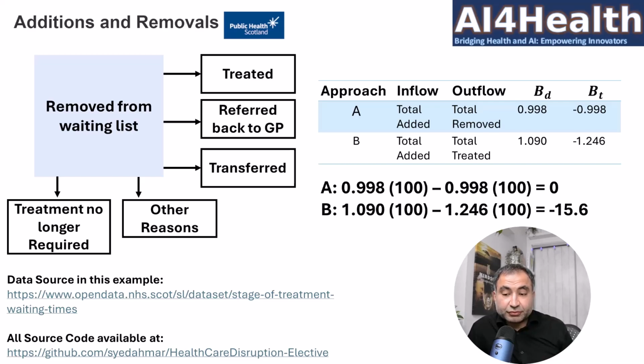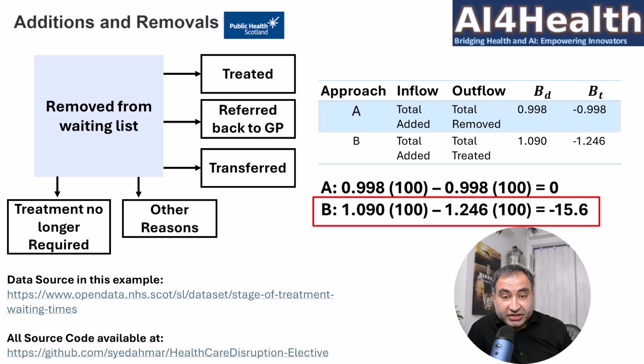That is 1.09 multiplied by 100 minus 1.246 multiplied by 100, which gives a minus 15.6. In other words, the second approach is telling us that even when 100 patients are added and 100 patients are treated, the net effect on the waiting list is a reduction of 15.6 rather than 0.